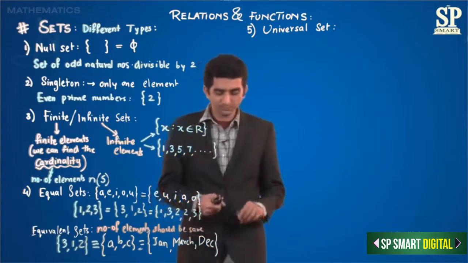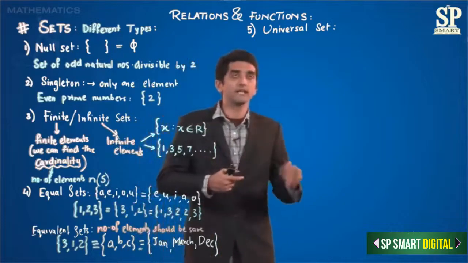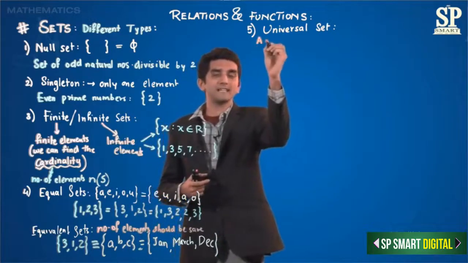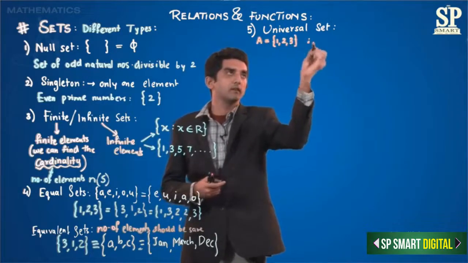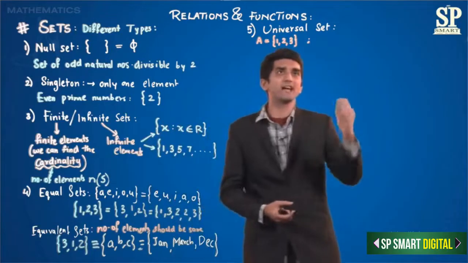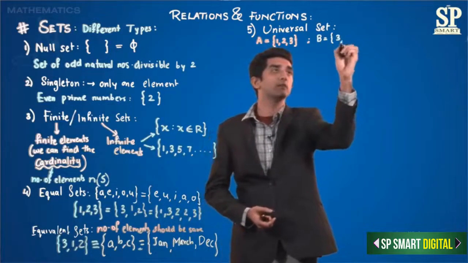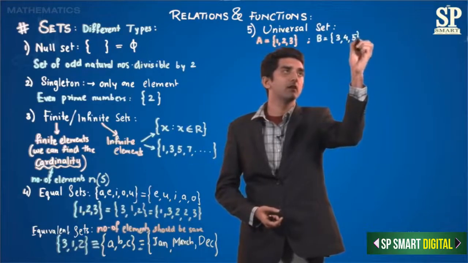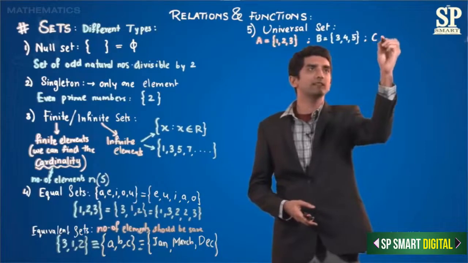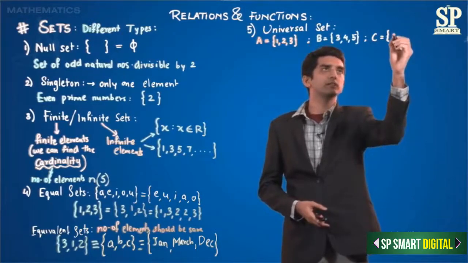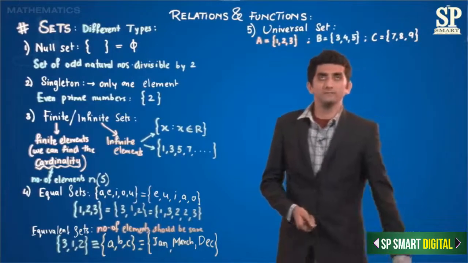So now let's understand this by taking an example rather than the Venn diagram. Let's say we have a set A which is 1, 2 and 3. Then let's say we have a set B which is 3, 4 and 5. Now let's say we have a set C which is 7, 8 and 9, right?